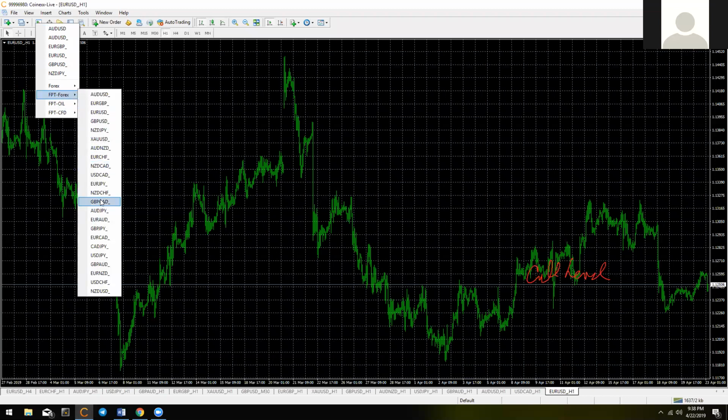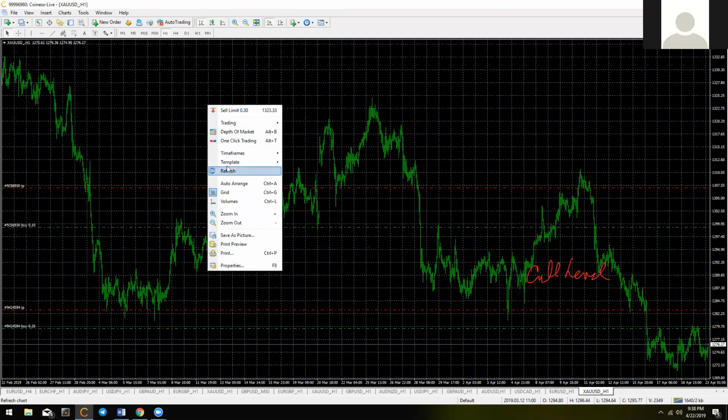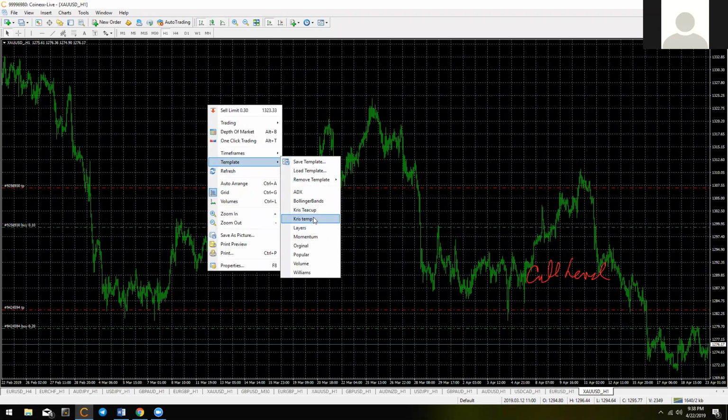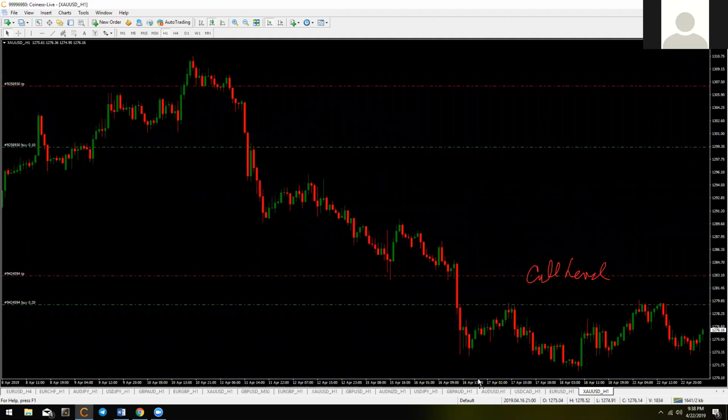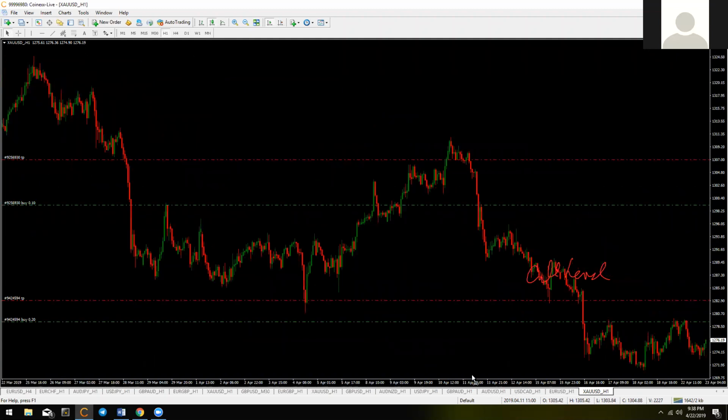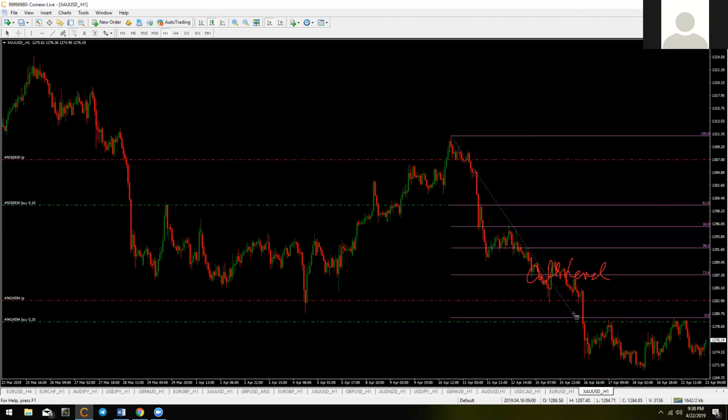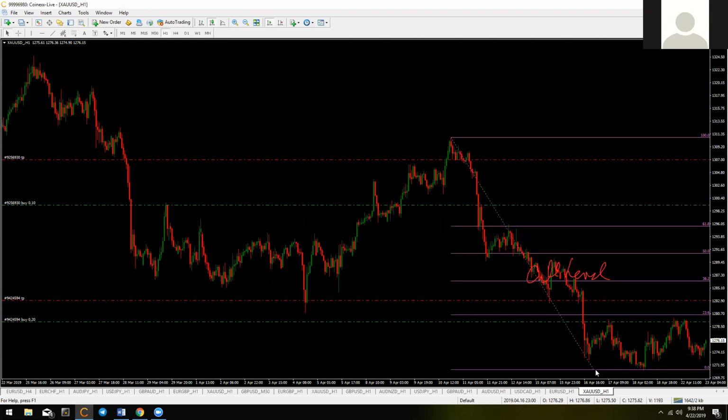Let's see, gold. See, you can put a buy stop at that 23% and ride it up to the 38.